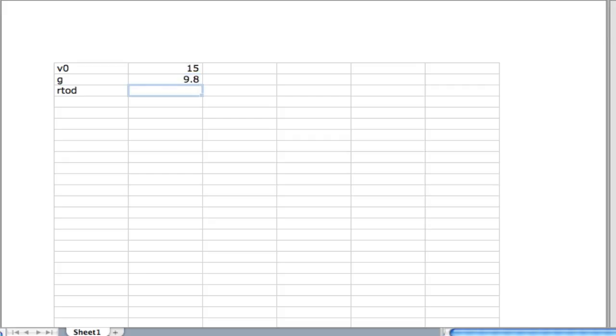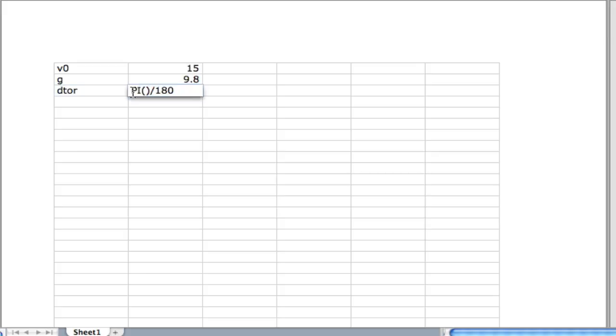And this conversion factor converts between radians and degrees. Actually, the proper term is degrees to radians, since that's what we're working in. So I'll just call it D2R. So degrees to radians, that conversion ends up being pi divided by 180 degrees.